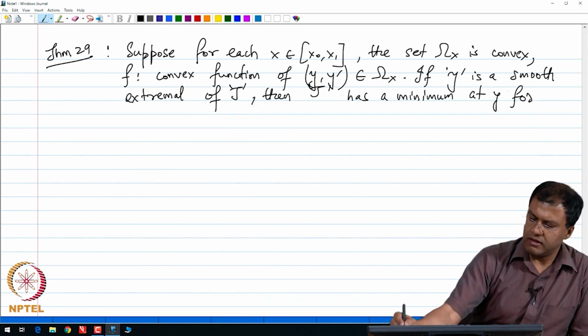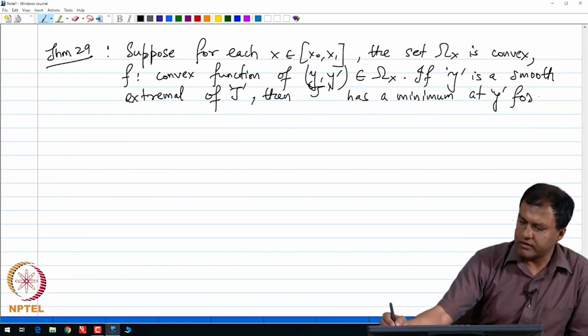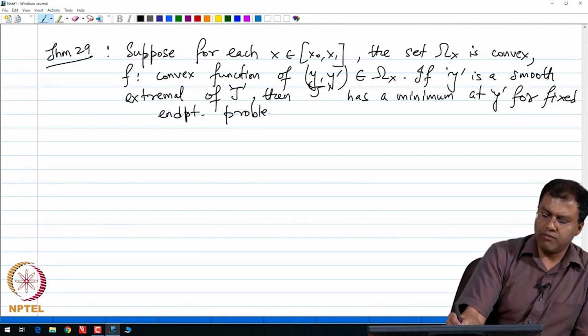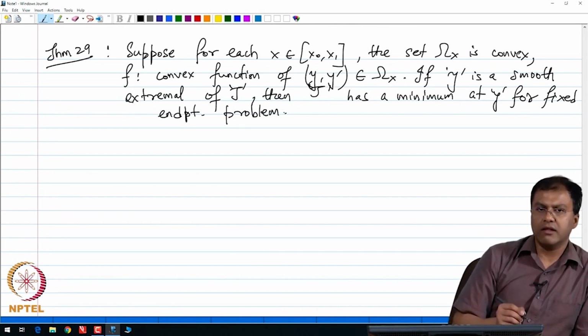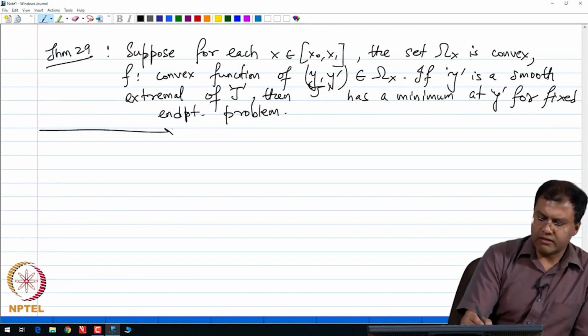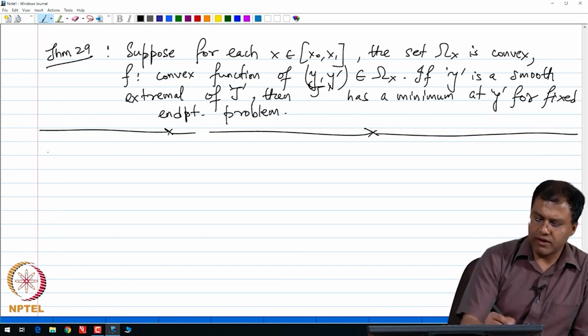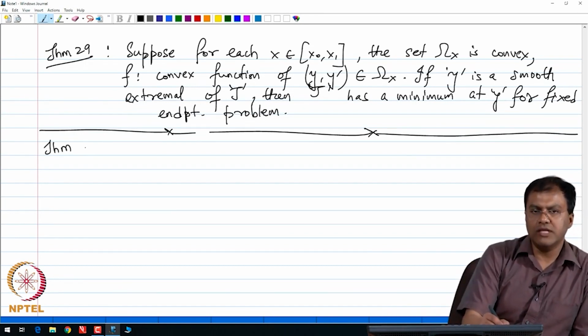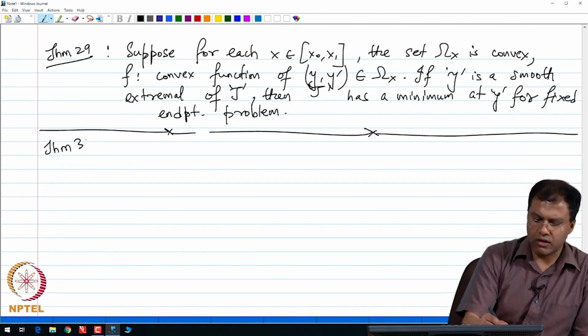This is the statement for fixed endpoint problems. Okay. So, that is quite obvious through our analysis a few minutes back. And then the second result, in the form of another theorem, tells us how to check whether the function is convex or not.